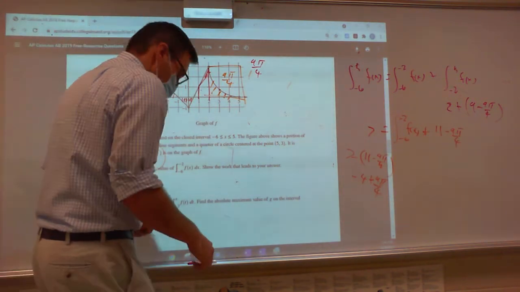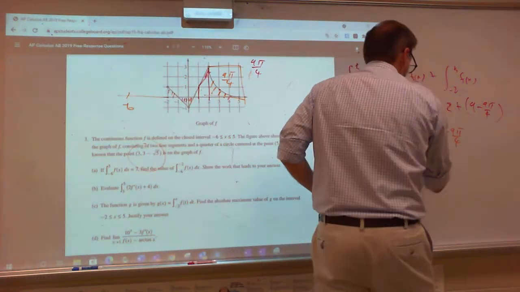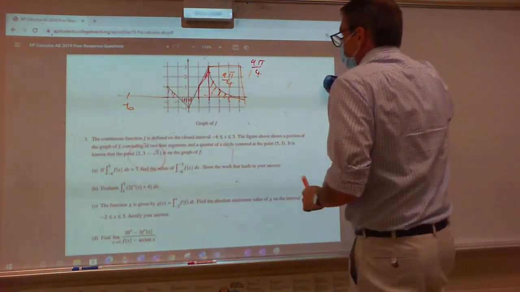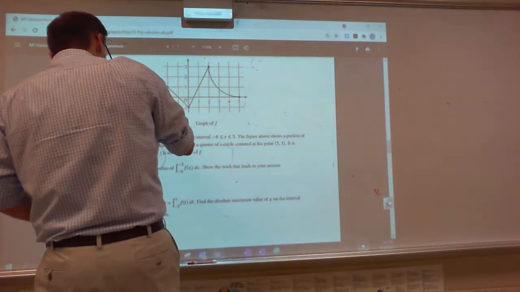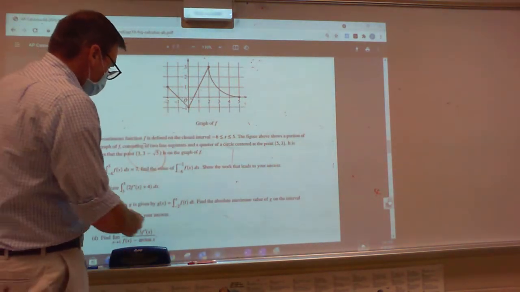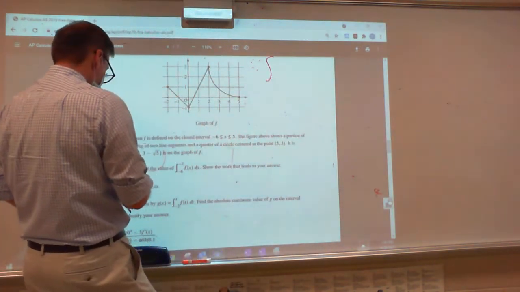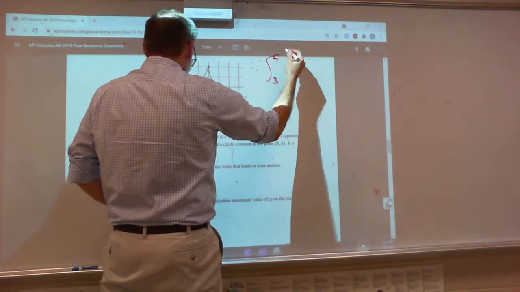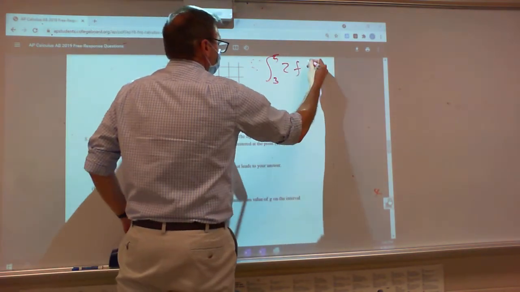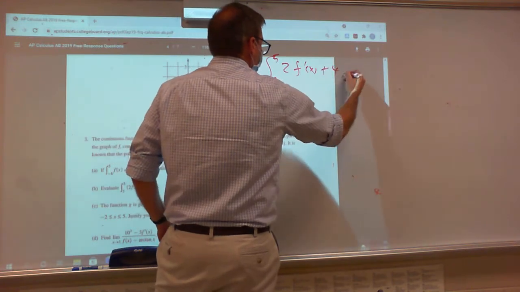All right, so now let's look at B. You are asked to evaluate the integral from 3 to 5 of 2f'(x) plus 4.